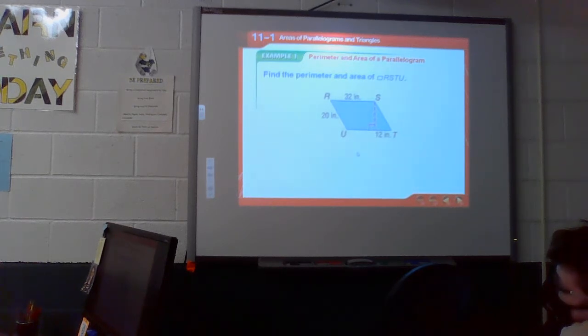Good to go? All right, so find the perimeter and the area of RSTU. Do we have enough information here? We do. Can I find the area of that parallelogram with what's given to me in this picture? Do I know what that dashed line is?